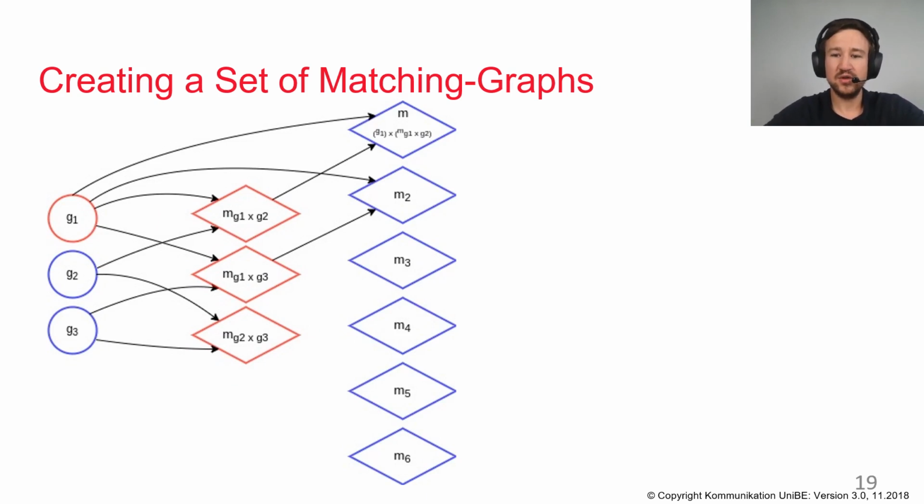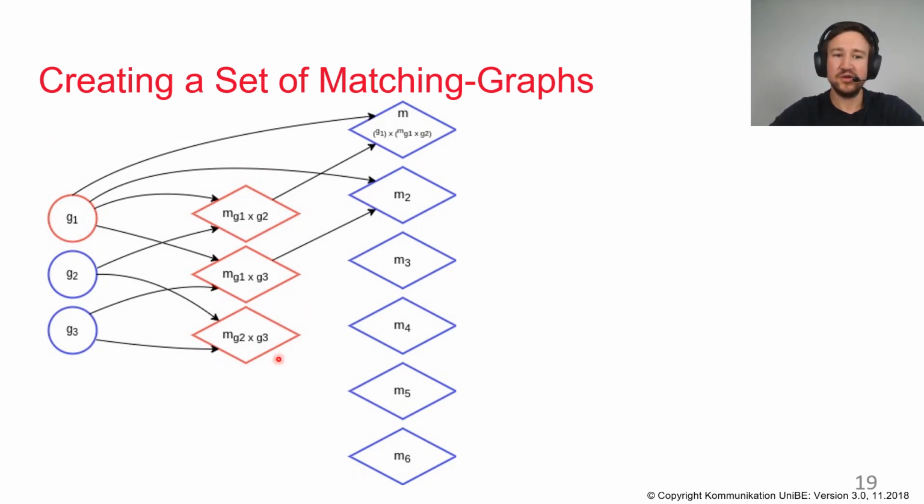creating all the possible source matching graphs for these combinations. The first example I've written down would be the matching graph from G1 to matching graph G1, G2. And this would in turn yield a new matching graph. The same procedure is done for all the possible combinations. Important to notice here is that the newly created graphs at each step are then added to this original set that contains these graphs so far.